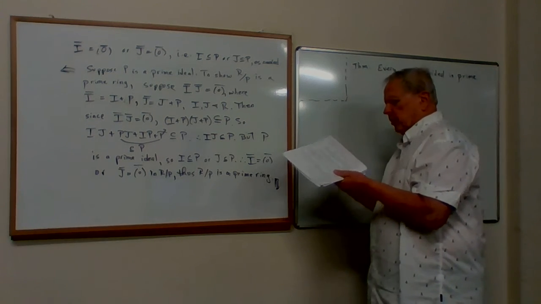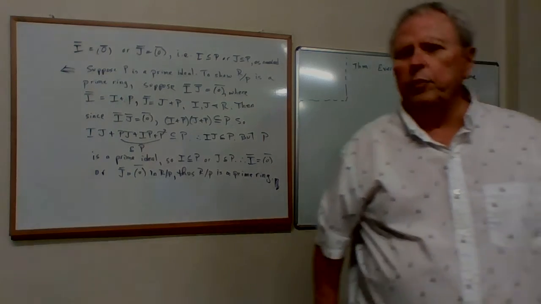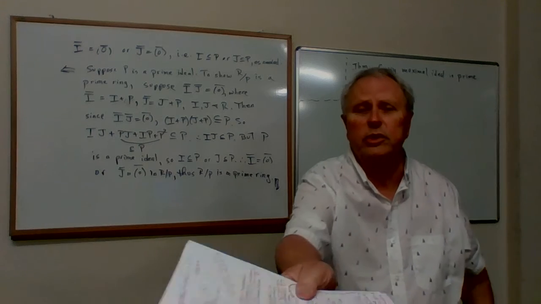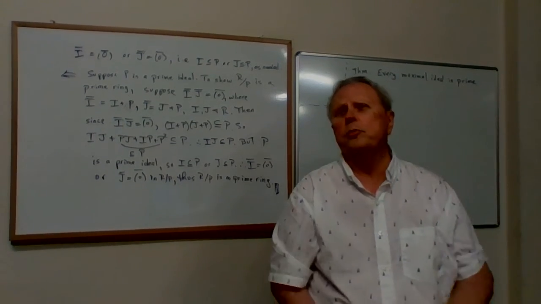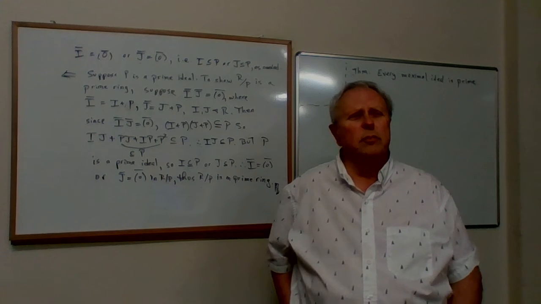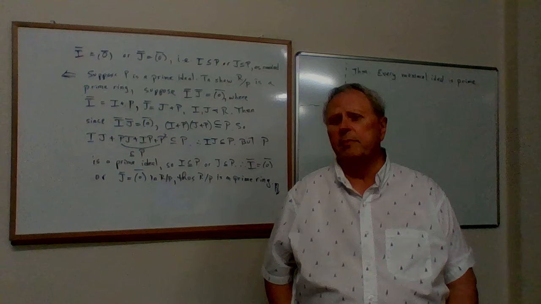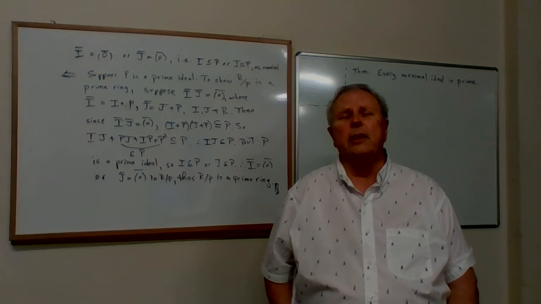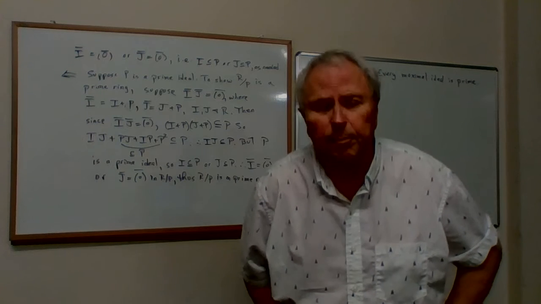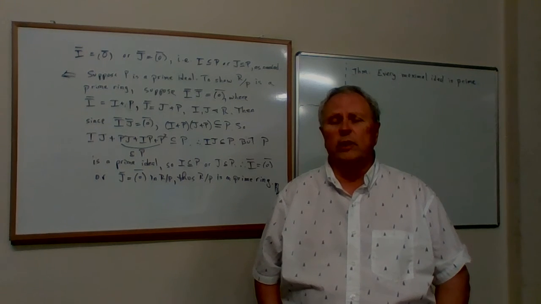Let me point something out. If we were in a commutative ring, in fact, a commutative ring with 1, you proved in Linear 2 that every commutative ring with 1 has a maximal ideal, and that every simple commutative ring with 1 is actually a field.